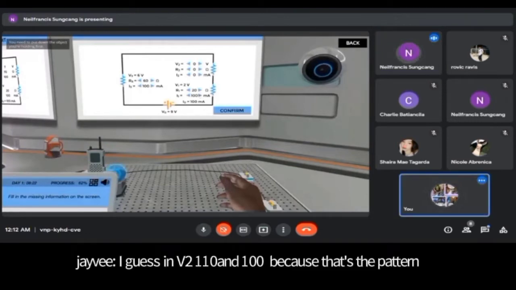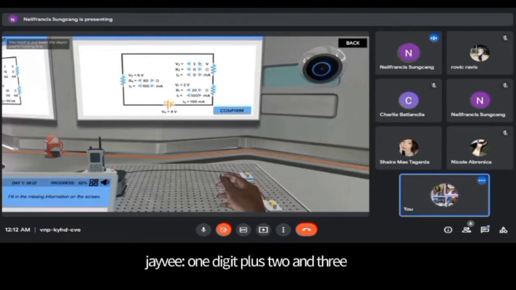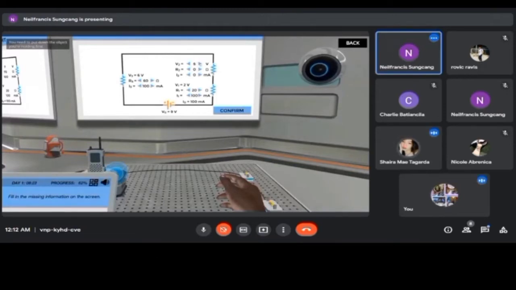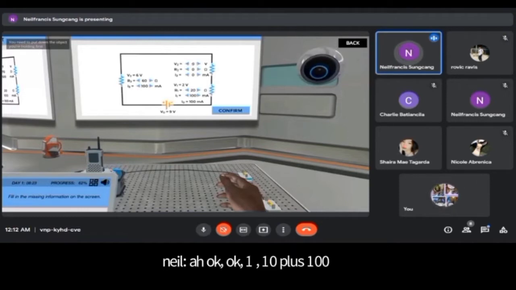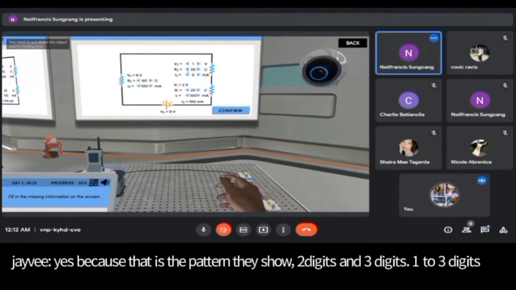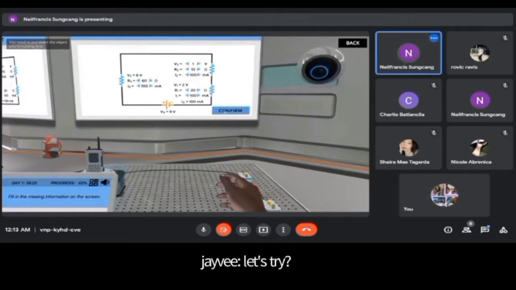Siguro sa V2, 70 and 100 kasi ganun yung pattern eh. Isang digit, dalawa, tas tatlo. 1 lang. Tas R2, 110 tapos 100. Oo. Kasi ayun yung pattern eh. Try natin.